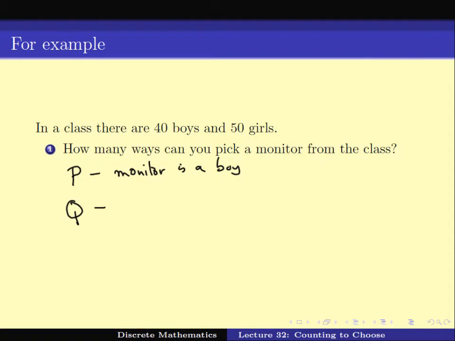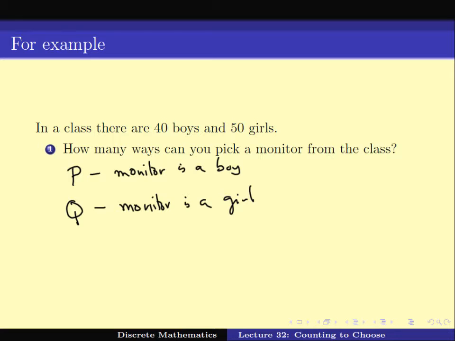Q is the case that the monitor is a girl. Now what are we asking? In this problem we are asking how many ways can we pick a monitor who either satisfies P, meaning the monitor is a boy, or satisfies Q, which is the monitor is a girl.